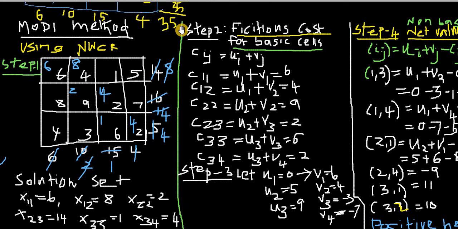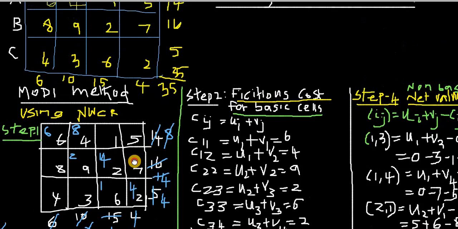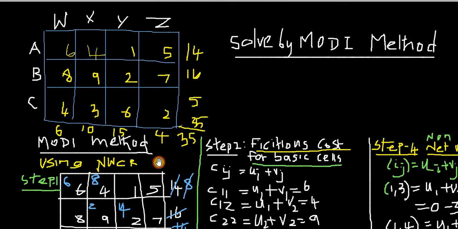First, according to Modi's method, we have to solve the problem by any one of the initial basic solution methods, such as NWCR, least cost method or Vogel's approximation method. Here I am using the northwest corner rule to get the initial basic solution for our problem. There are three resources and four destinations, as given in the problem.